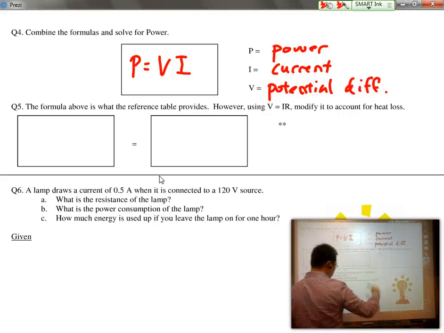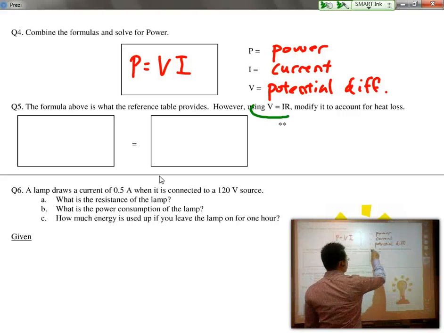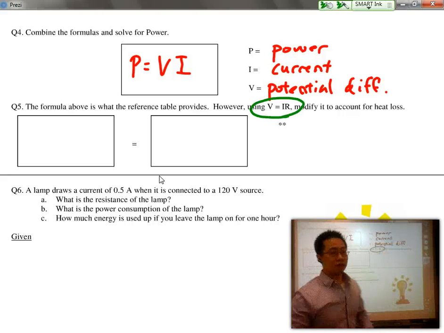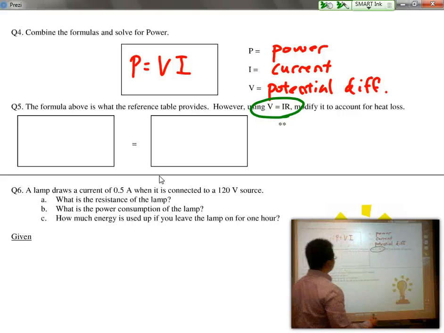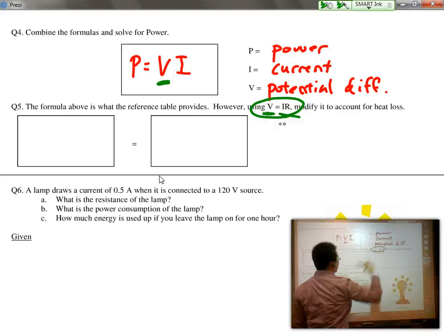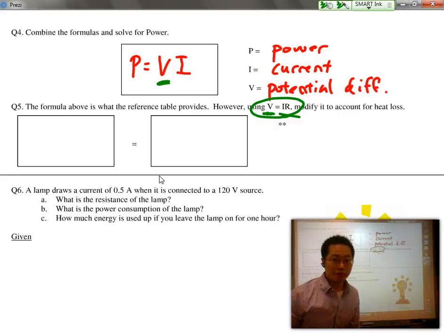However, if you think about the formula that we spoke about a couple of videos ago, potential difference V equals I times R, if you were to substitute the V with IR, you could rewrite the formula.